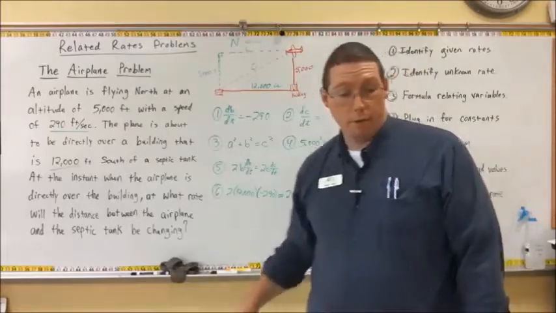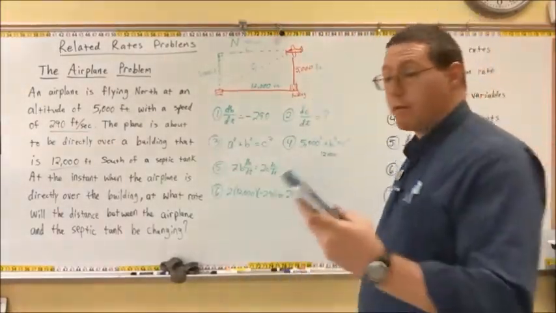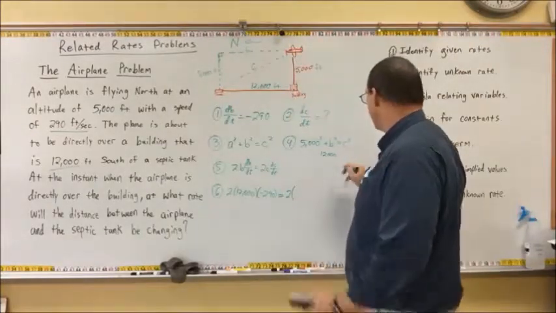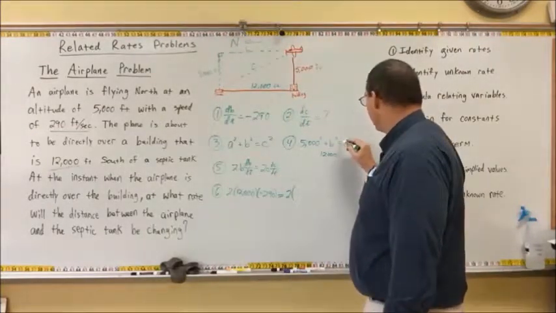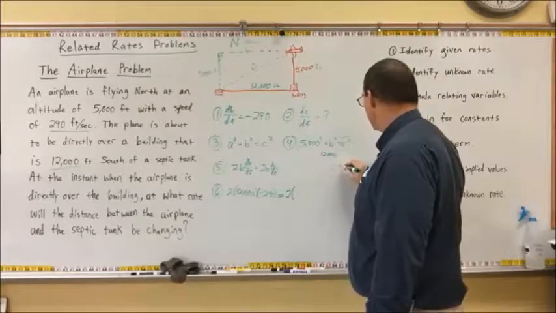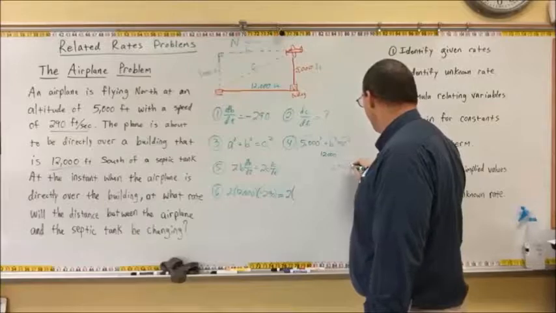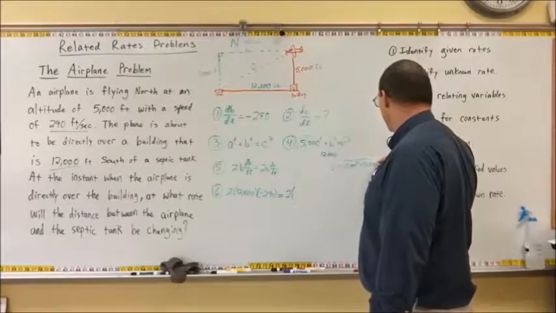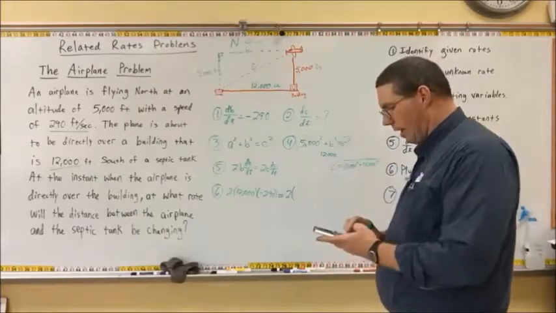Okay? Now they're going to use up a lot of space in our calculator, but we're going to go ahead and do it. What I'm actually going to key in is, if I were to take the square root of both sides, I would get c is equal to the square root of 5,000 squared plus 12,000 squared. So that's actually what I'm going to key into the calculator.